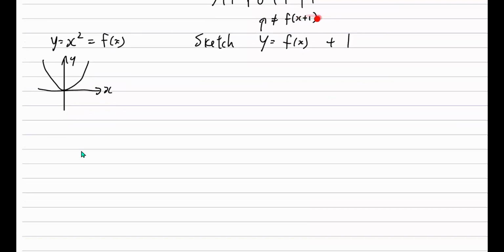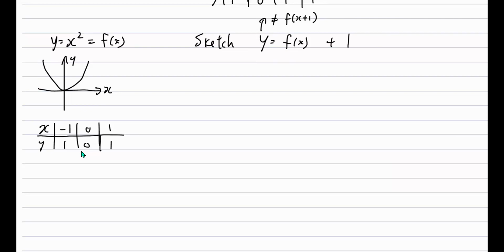Previously it was f of x plus 1, and you just shifted it towards the left by 1 unit. This time it's f of x, then plus 1. What changes? The y value changes, right? If x is -1, 0, 1, y is 1, 0, and 1.